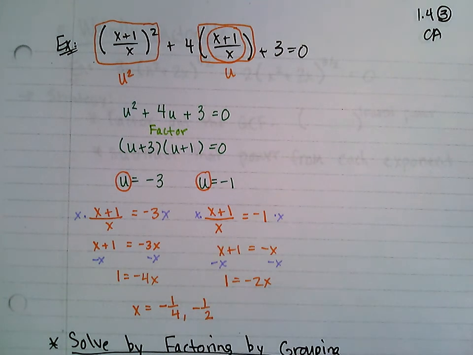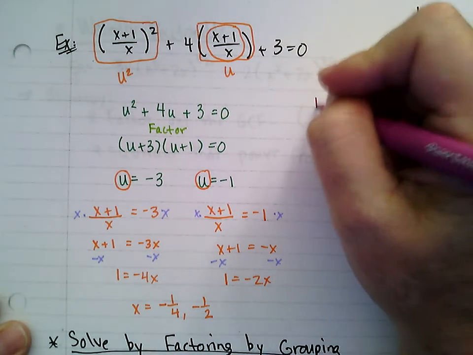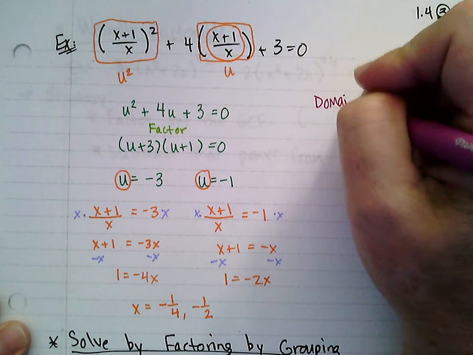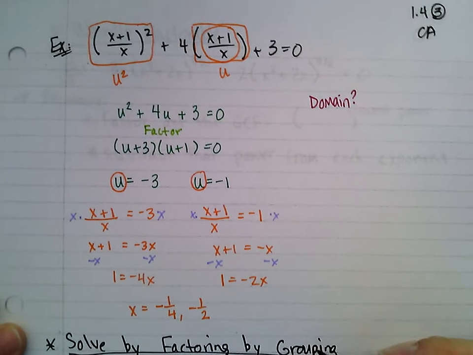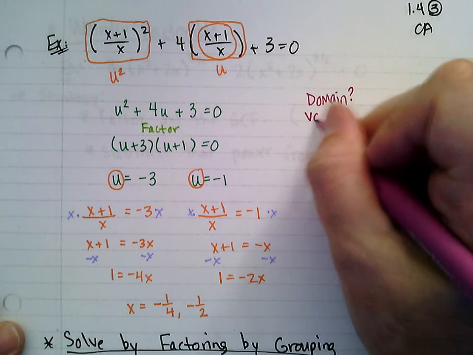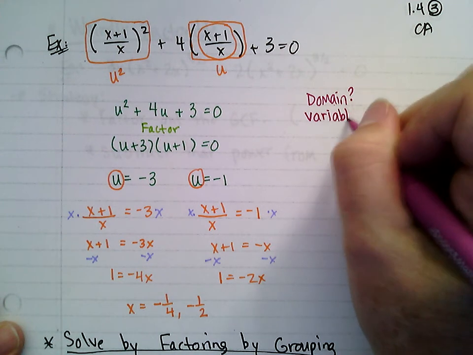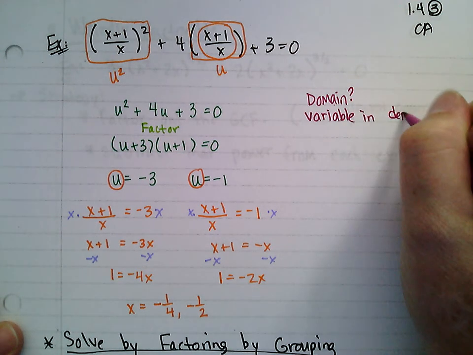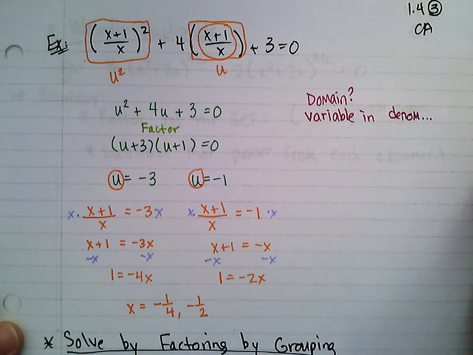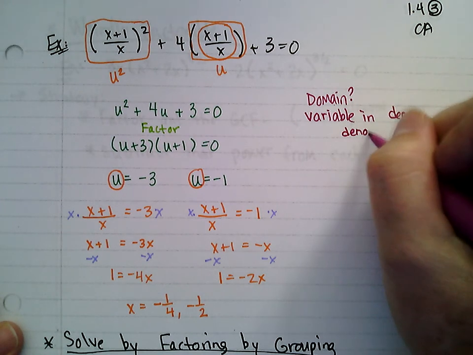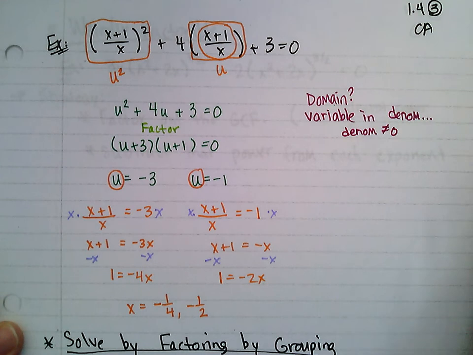Now, hopefully, as I was starting out this problem, you were thinking to yourself, gosh, I see a variable in that denominator. I better think about my domain. Since I'm solving an equation and I have a variable in the denominator, the strategy I use to find my restrictions is to set the denominator not equal to 0.